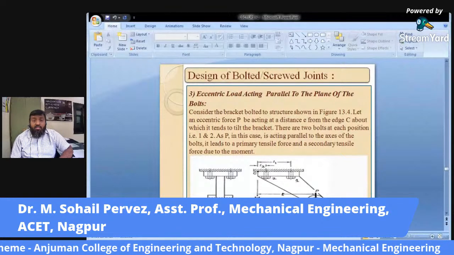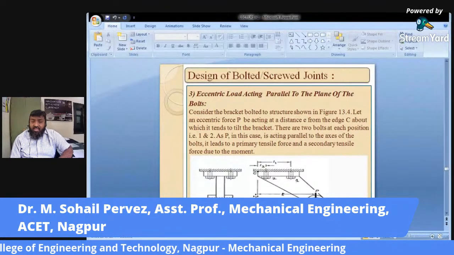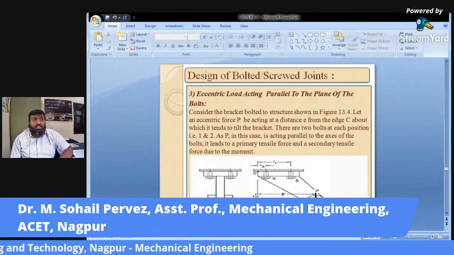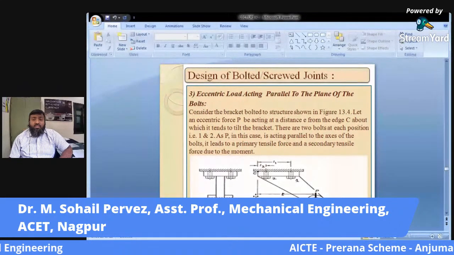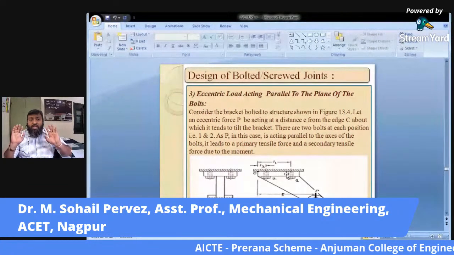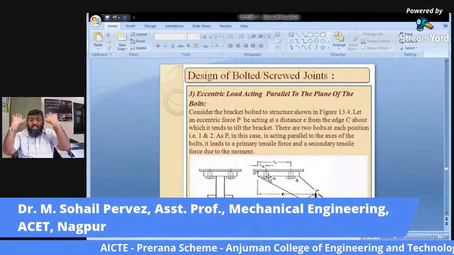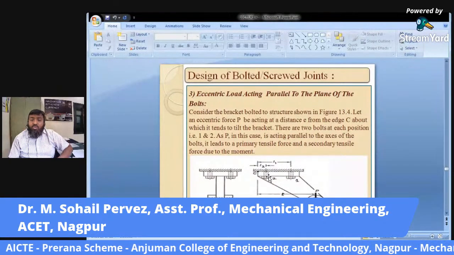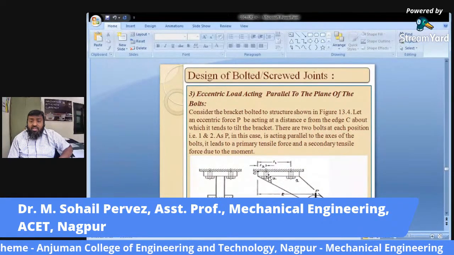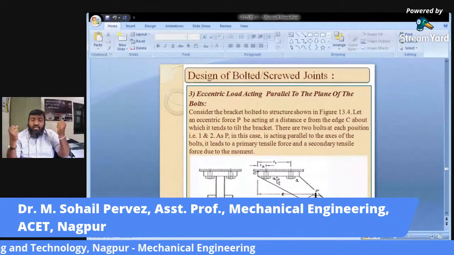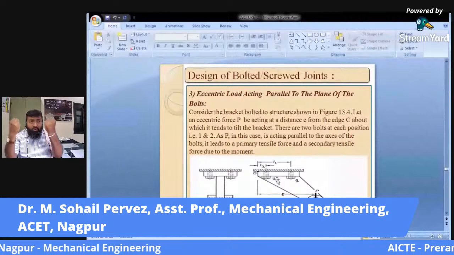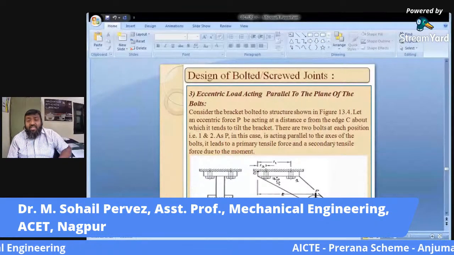Now the process will be the same, but in this case, how will the bolts be stressed? Since the plate or the bracket is on the ceiling, all the bolts will be under tension, because the self load of the bracket will try to pull it down, so the bolts will be subjected to tensile load.